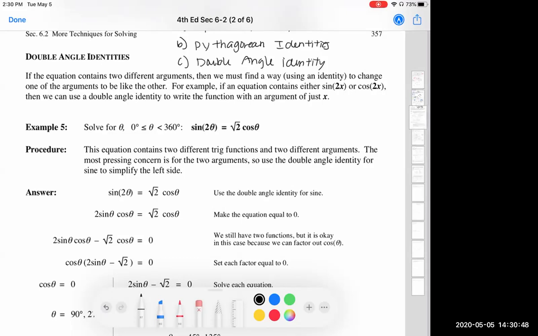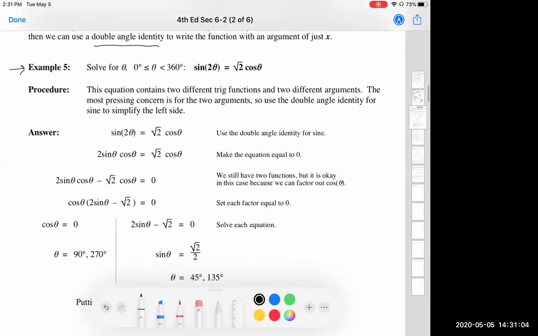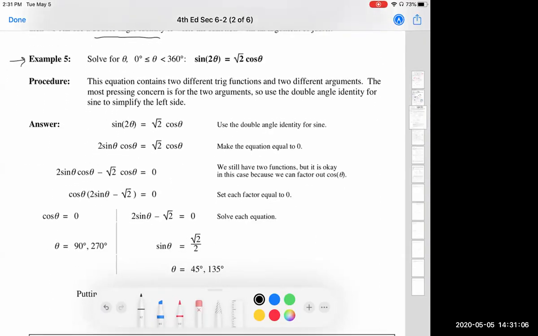For example, if an equation contains either sine 2x or cosine 2x, we can use a double angle identity to write the function with an argument of just x. So let's see an example.